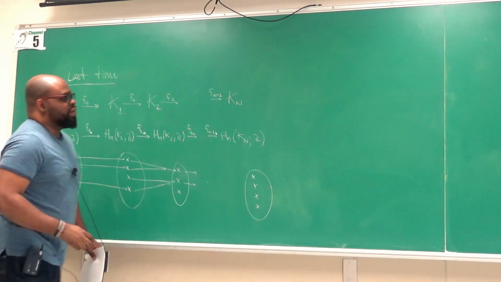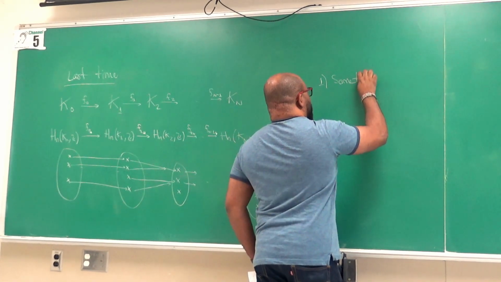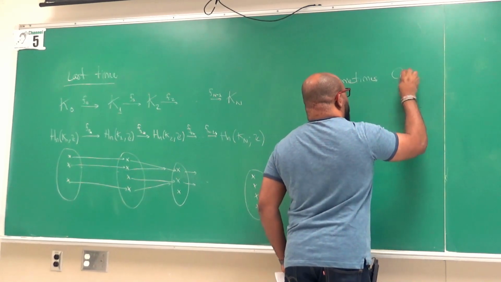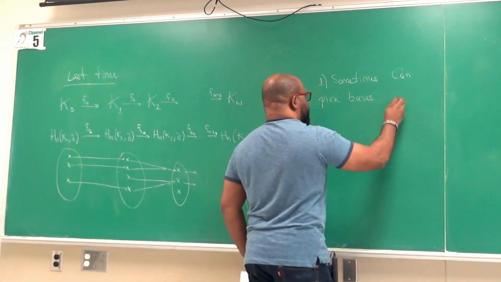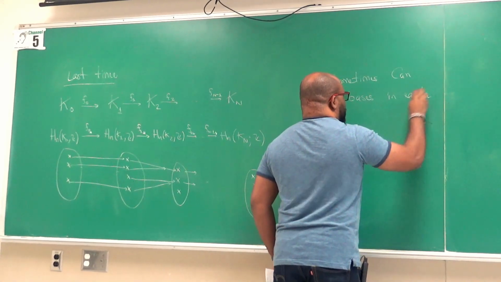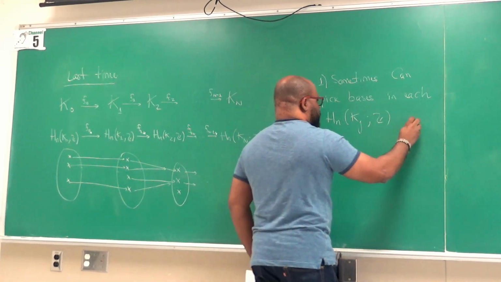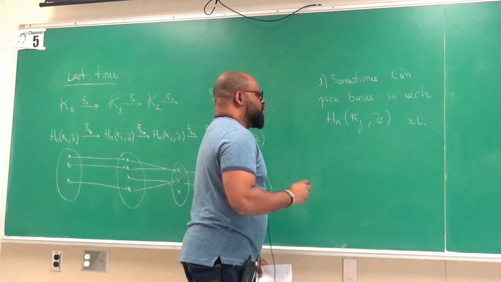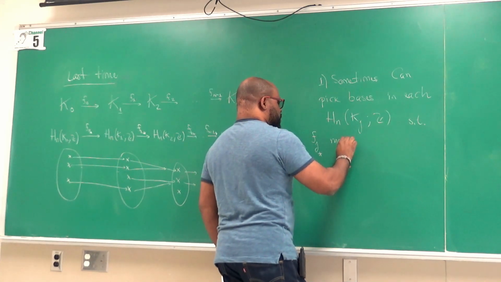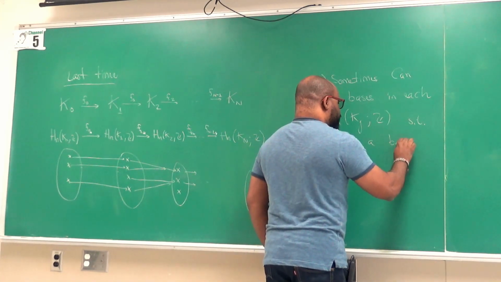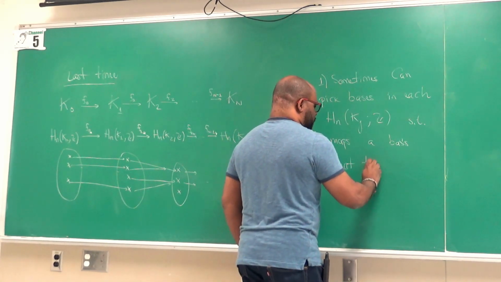So the first observation was that sometimes we can pick bases in each Hn Kj Z such that F star maps a basis element to a basis element.